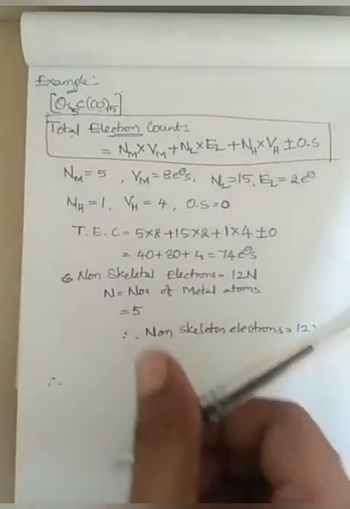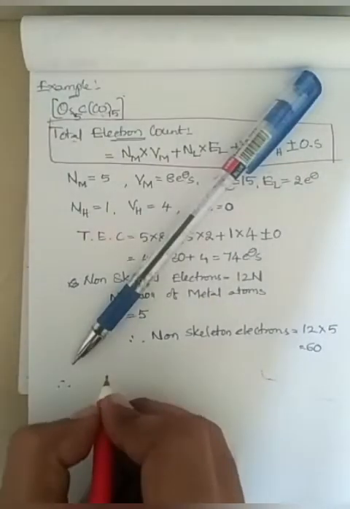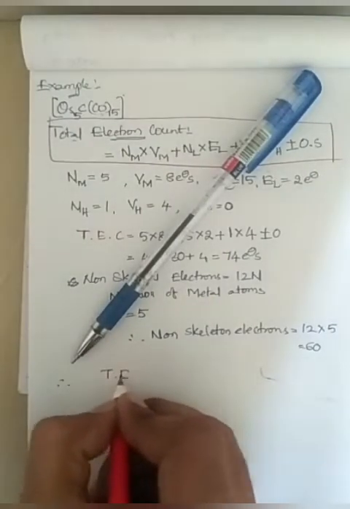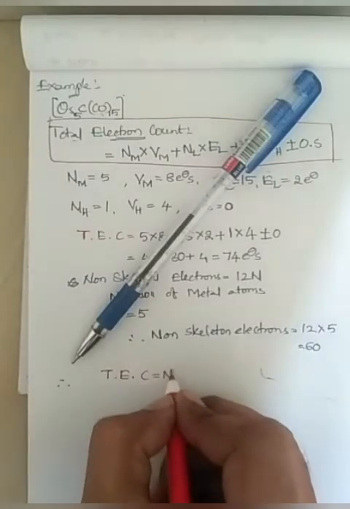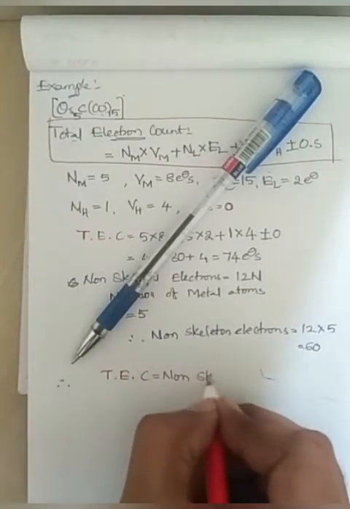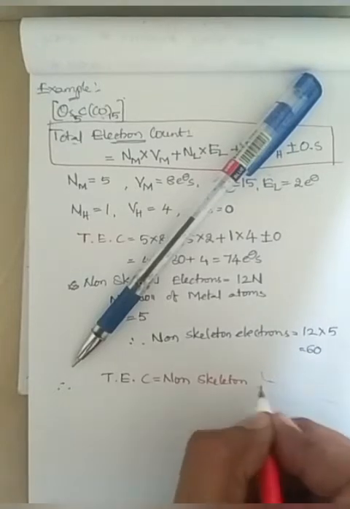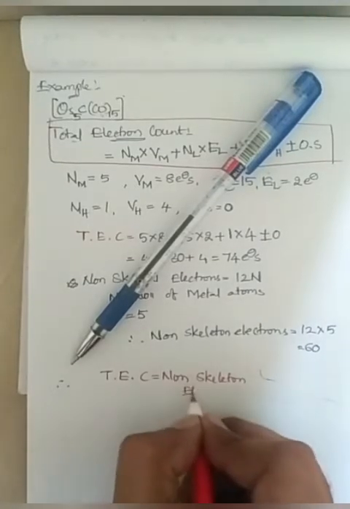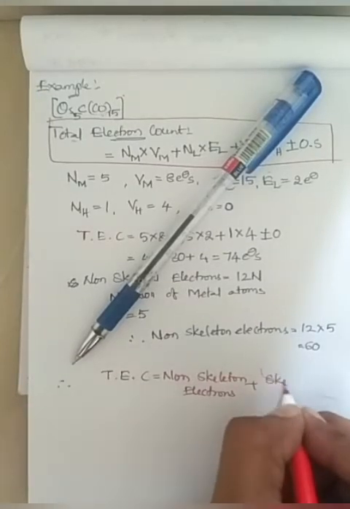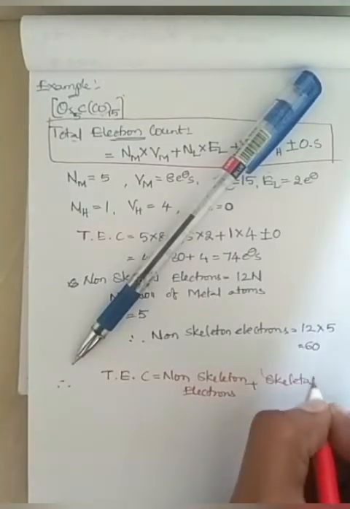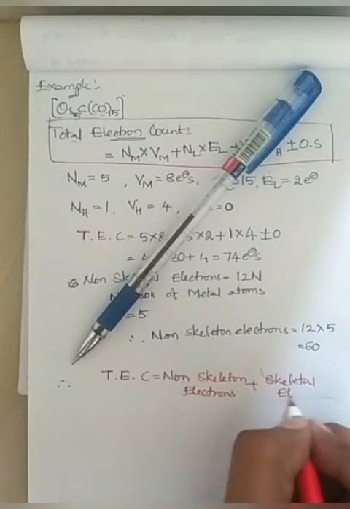Therefore, as per the rule, total electron count is equal to non-skeletal electrons plus skeletal electrons.